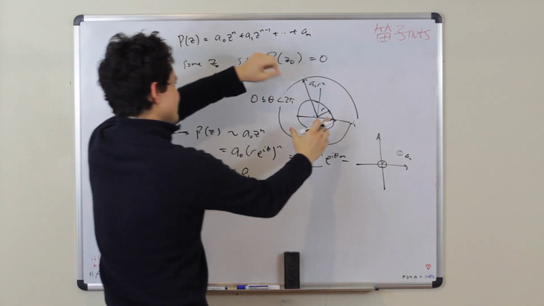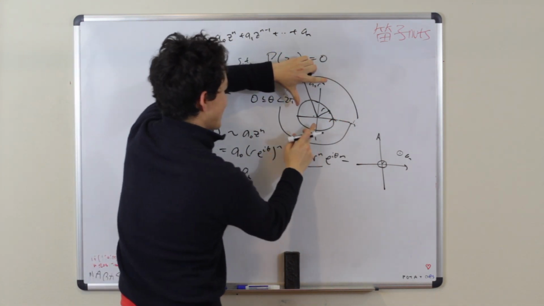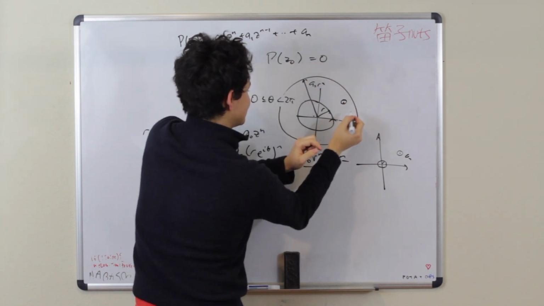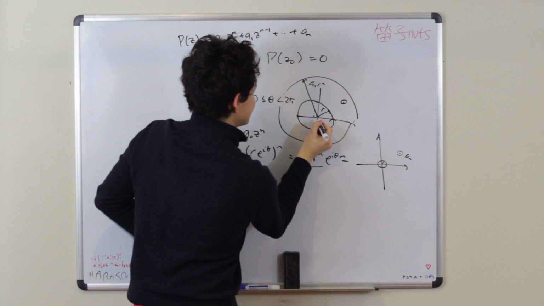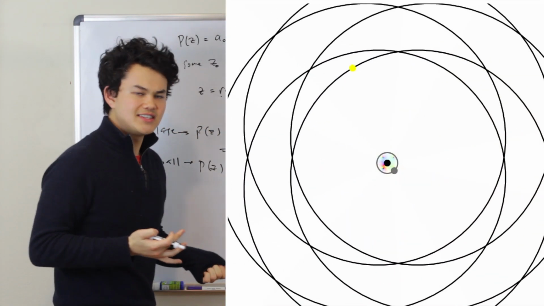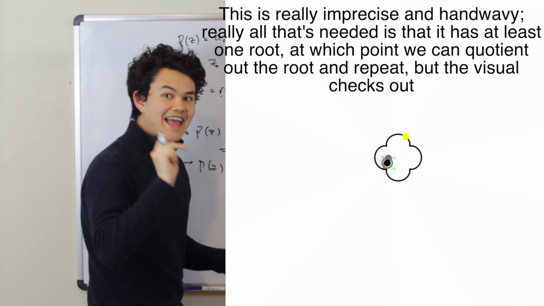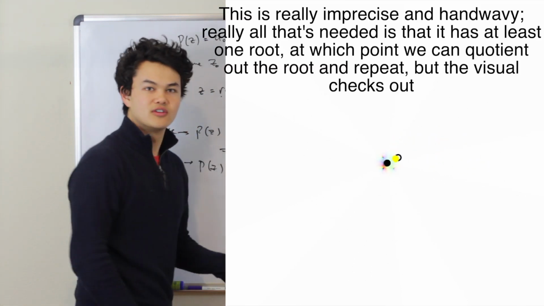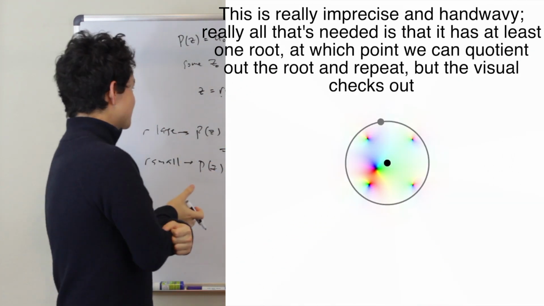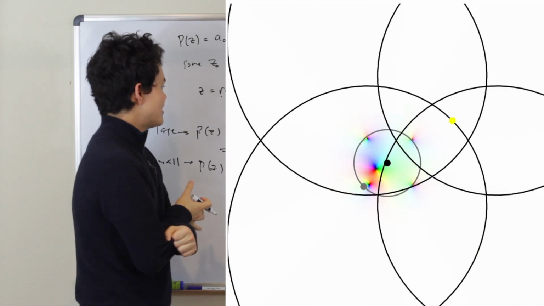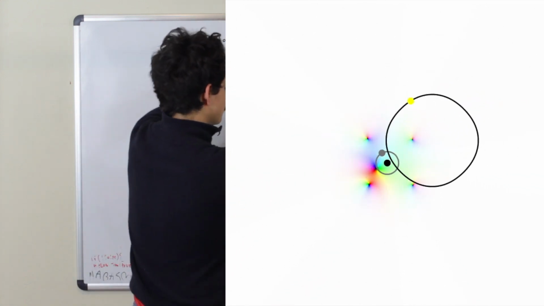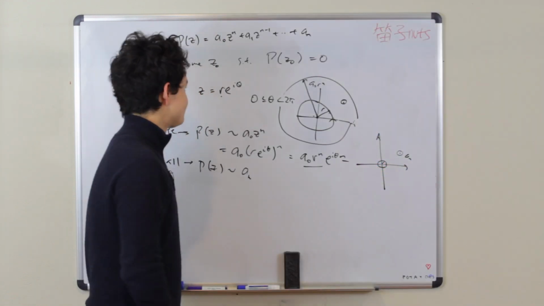What that means is this large image has to pass through the origin, because it has to go here and then contract to a_n here. And in that process, it will necessarily intersect the origin. Assuming the roots are distinct, it will intersect the origin n distinct times, because it's going around the origin n times. So this is not super formal, but it's a really cool way to understand the fundamental theorem of algebra as the necessary behavior of a curve contracting to a point.